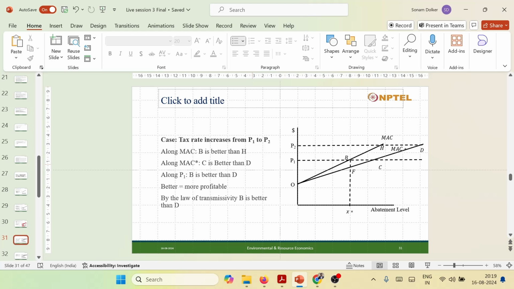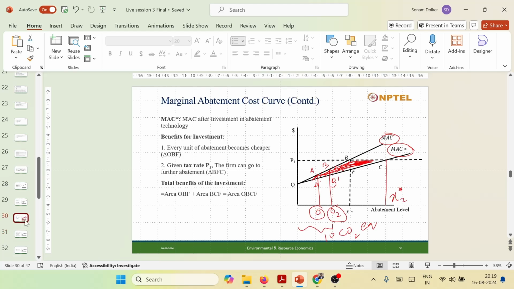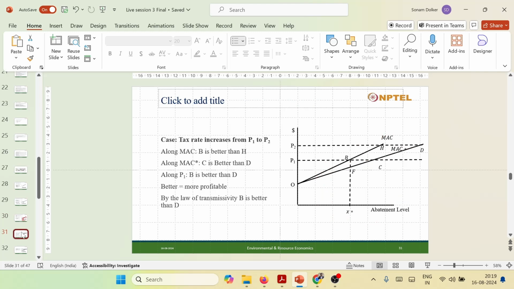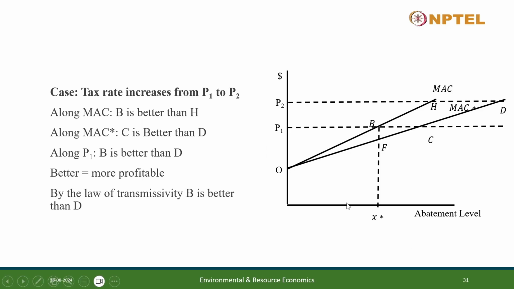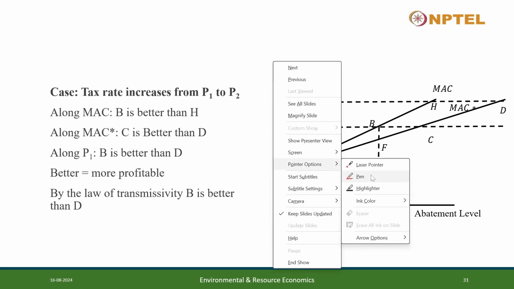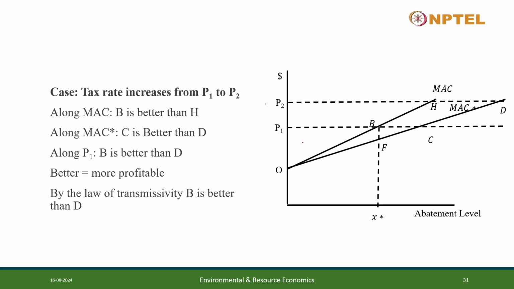Now we are taking a case where the tax rate is increased. I already explained that if I increase the tax rate from P1 to P2, this is my tax rate P1 as well as P2. At P1, the optimal abatement is X star and B is my optimality point, right?